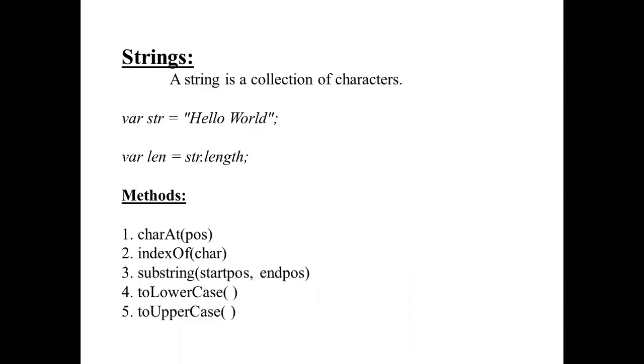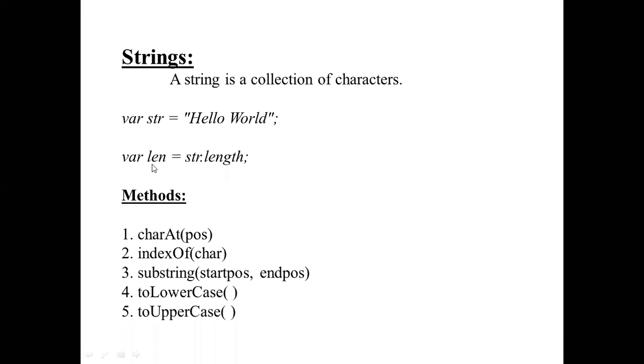Next, the string object. A string is a collection of characters, and JavaScript provides various properties and methods to work with string objects. Here there is a string, str equal to hello world.